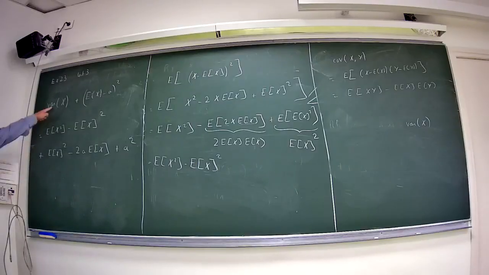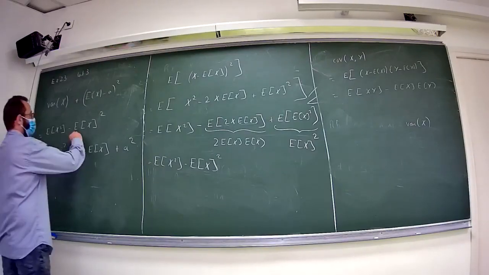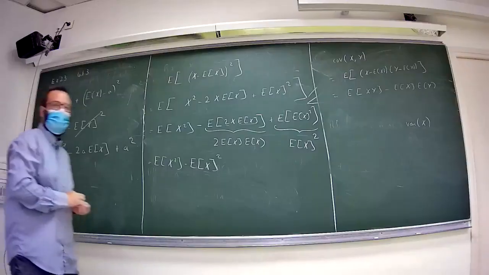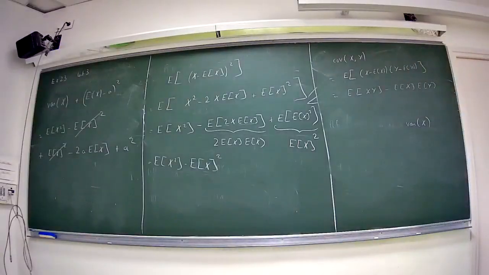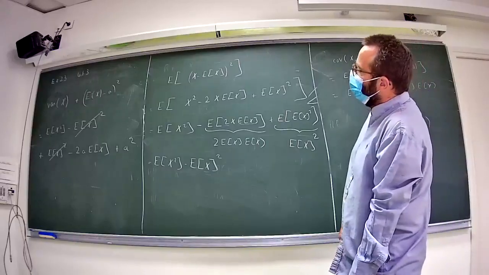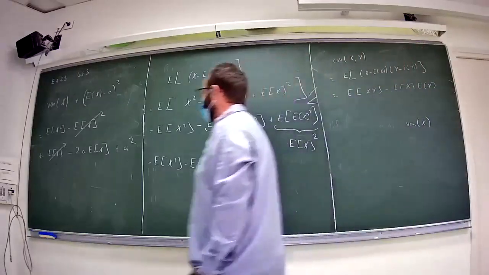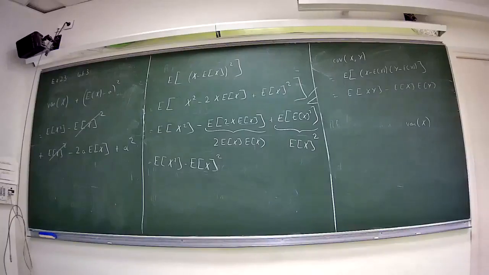Okay, so here I use the definition of the variance. Here I develop my square. Okay, I simplify this term and this term. And if I simplify this term and this term, I remark that I have exactly what I want.